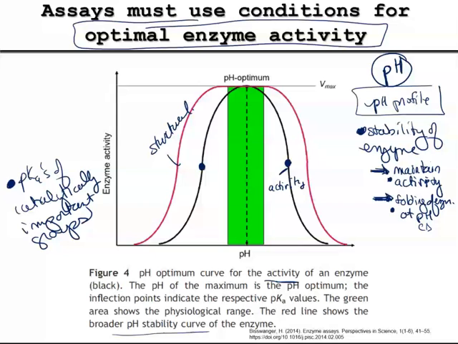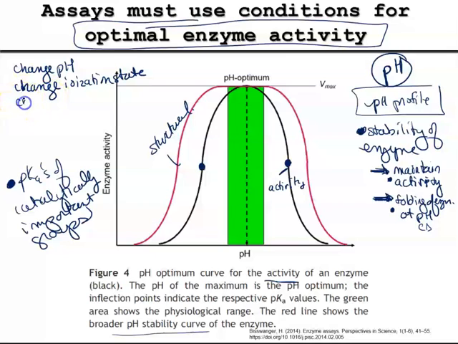Of course, if we go too far in either direction, we're changing the hydrogen ion concentration of the system. And so when we change pH, we change the ionization state of different catalytically important groups and also structurally important groups.